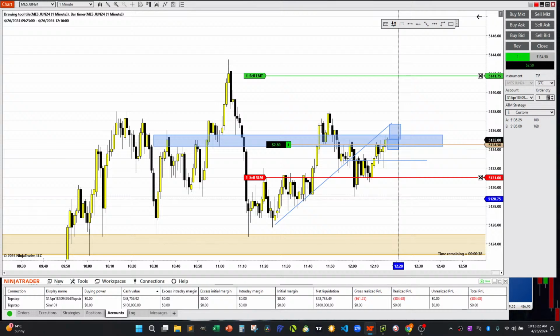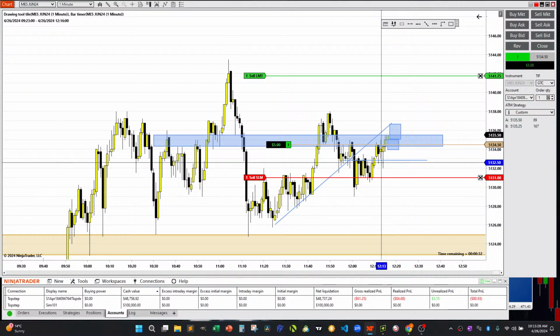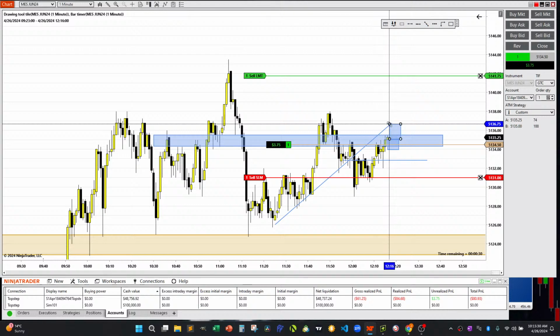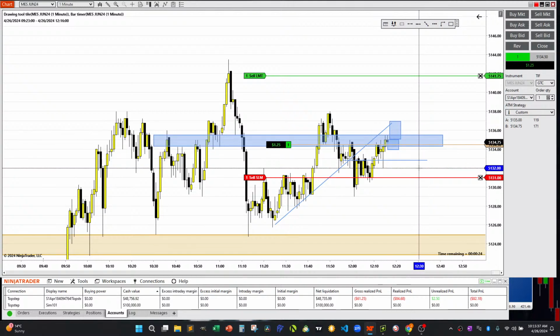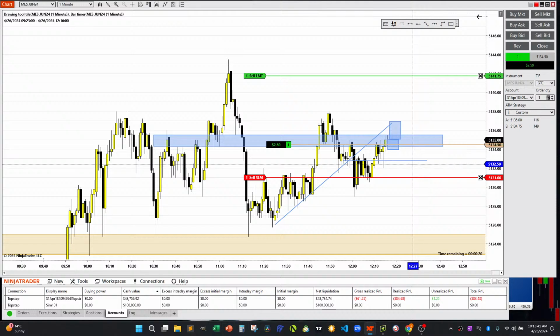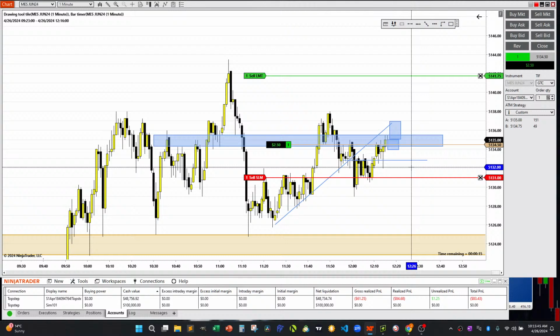So it's extremely small. It'd be like $12 or so in the gain. It's not even that. That would be $7.50. That would be 2 points of actual profit, so that would make $10 on one contract.